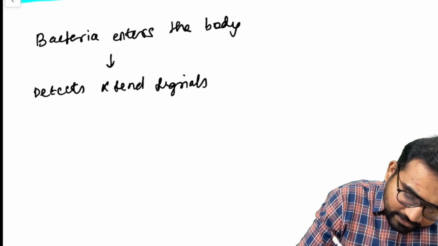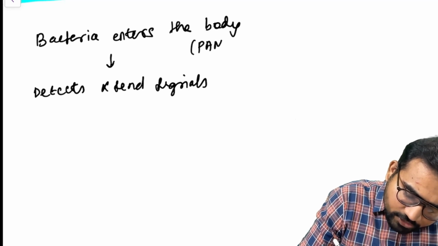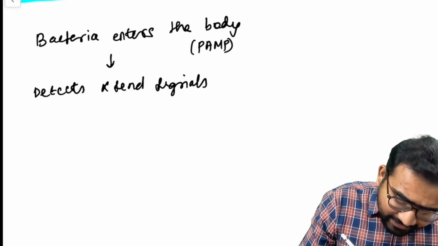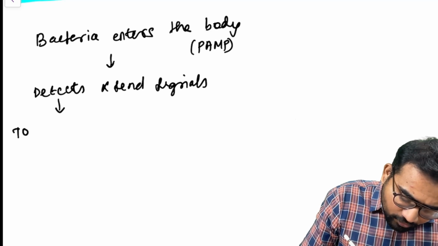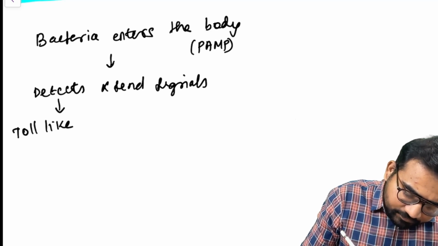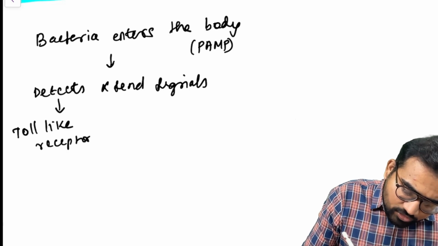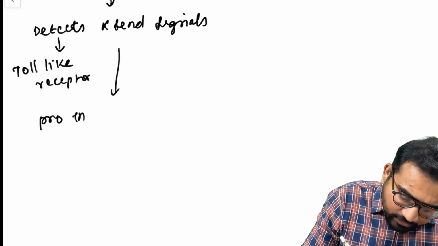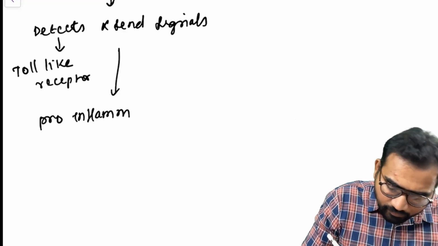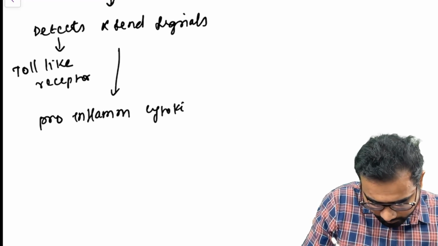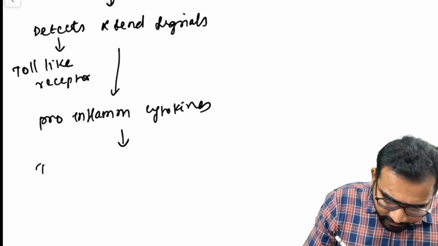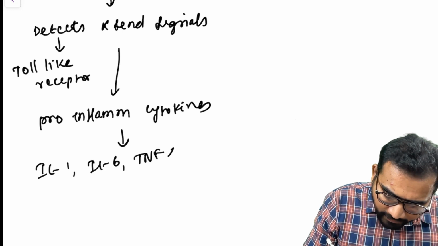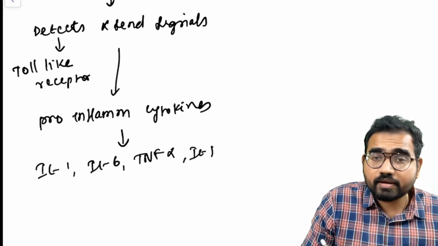Whenever bacteria enter, there is a pathogen associated molecular pattern associated with the bacteria, and the body recognizes and detects it with the help of toll-like receptors. This toll-like receptor is going to synthesize pro-inflammatory cytokines. These pro-inflammatory cytokines are interleukin 1, interleukin 6, tumor necrosis factor alpha, and interleukin 8.